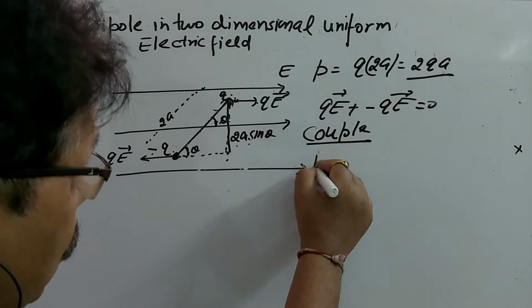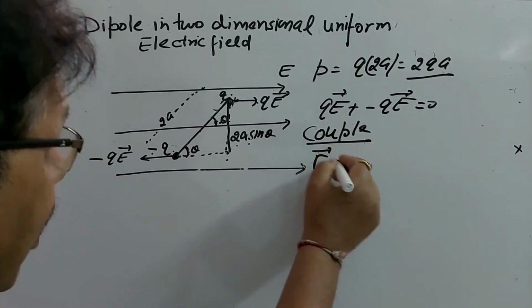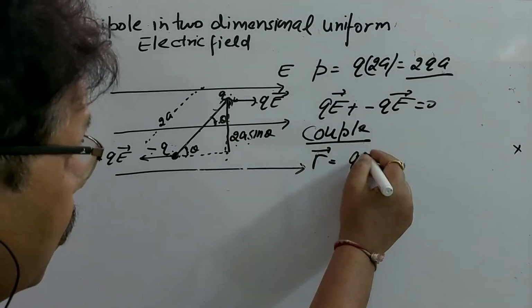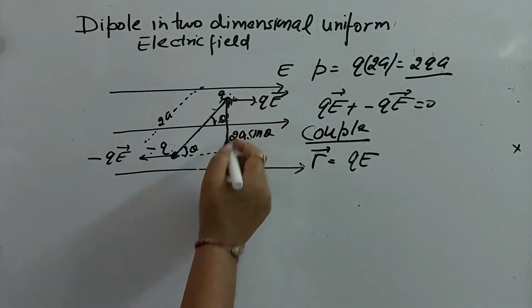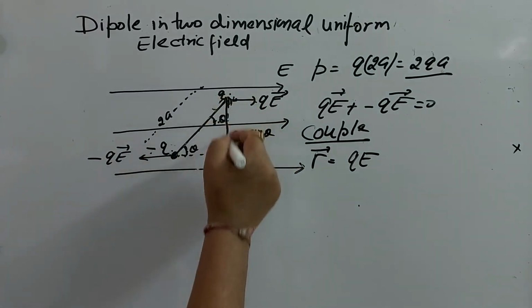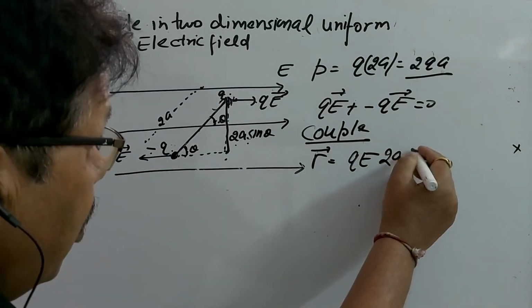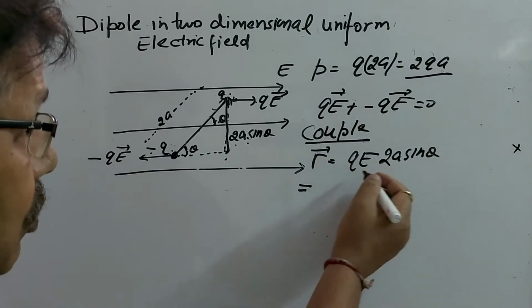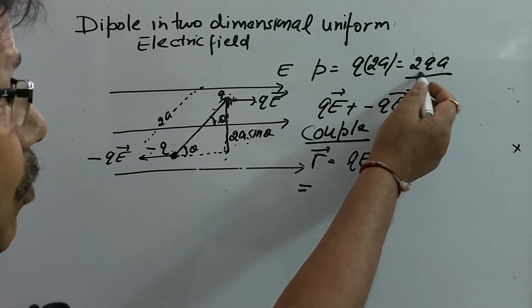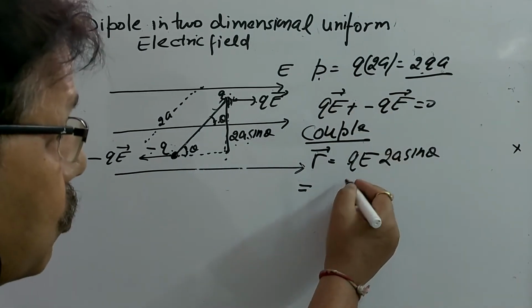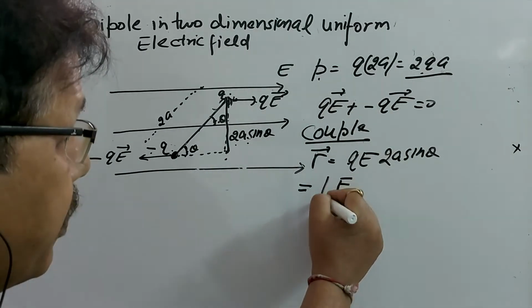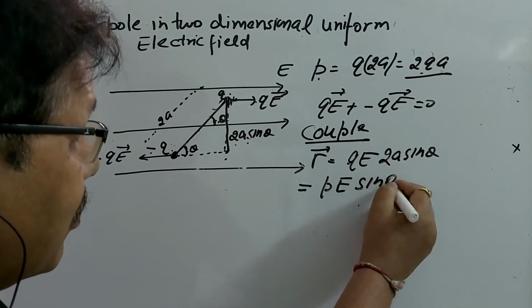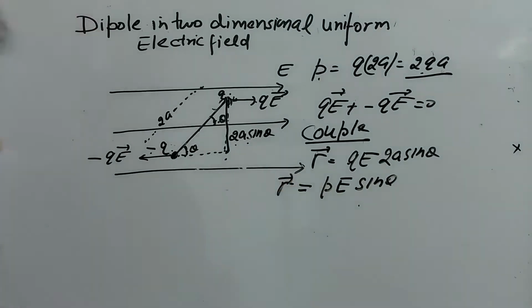So we can say this torque, turning effect of this couple, will be equal to qE, one of the force, into this distance, and this distance is 2a sine theta. And combining these two, because we know q into 2a we have already written equal to p, this will be equal to pE sine theta, and this is a torque.